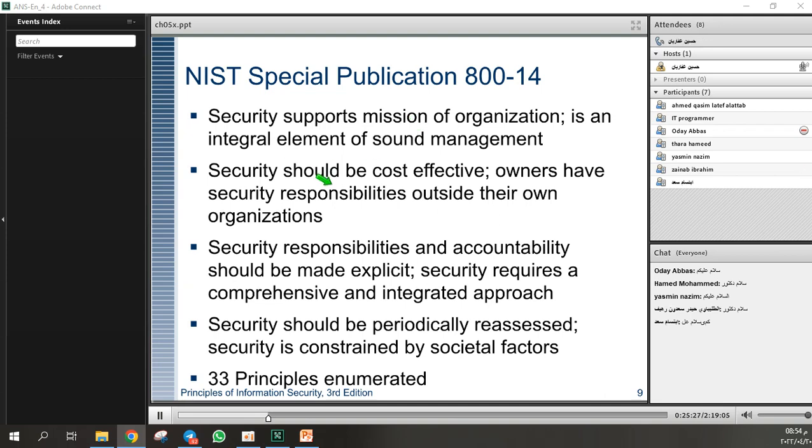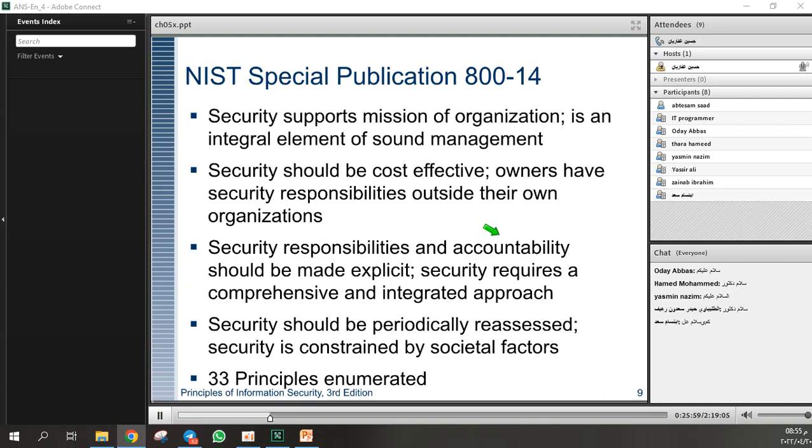The owner must know their responsibilities inside and outside the organization. Their responsibilities and accountability must be explicit.